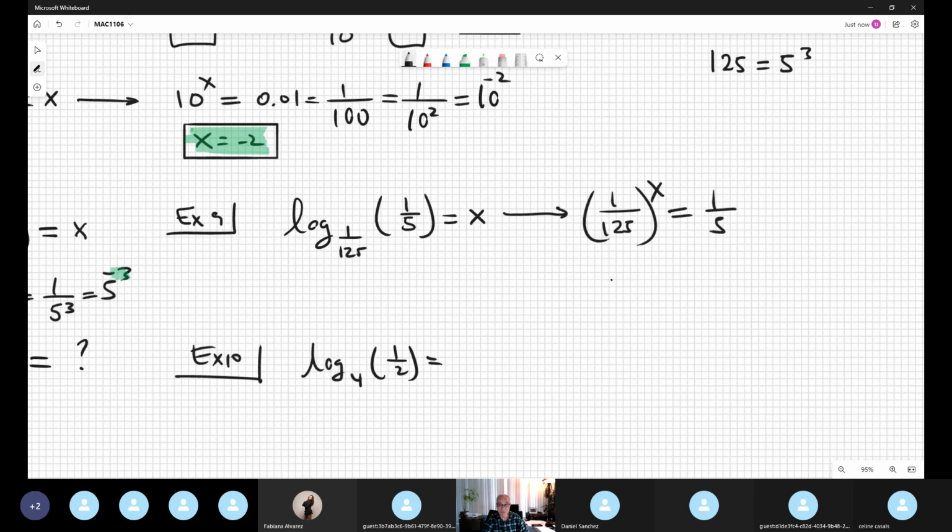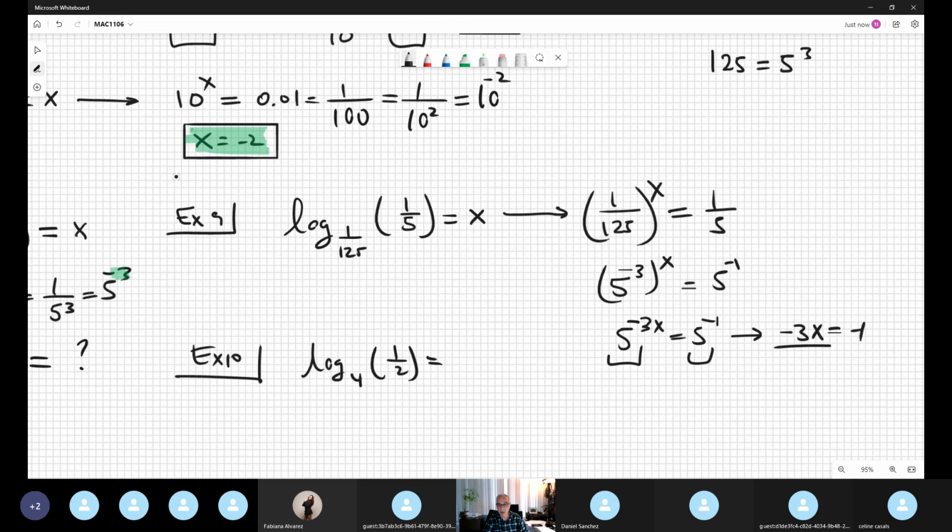It's actually 5 to the minus 3, raised to the x, is equal to 5 to the minus 1. The parenthesis is not necessary. Now, one more time, you apply the multiplication. Then 5 to the minus 3x is equal to 5 to the minus 1. We have two exponentials with the same base. Negative 3x is equal to minus 1, divided by negative 3 on both sides. X is equal to positive 1/3.